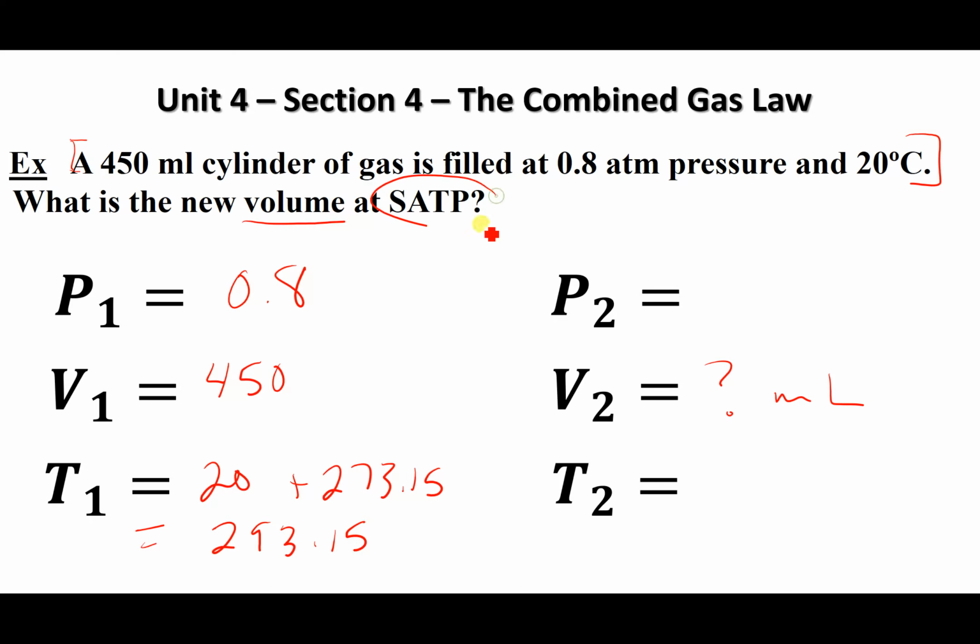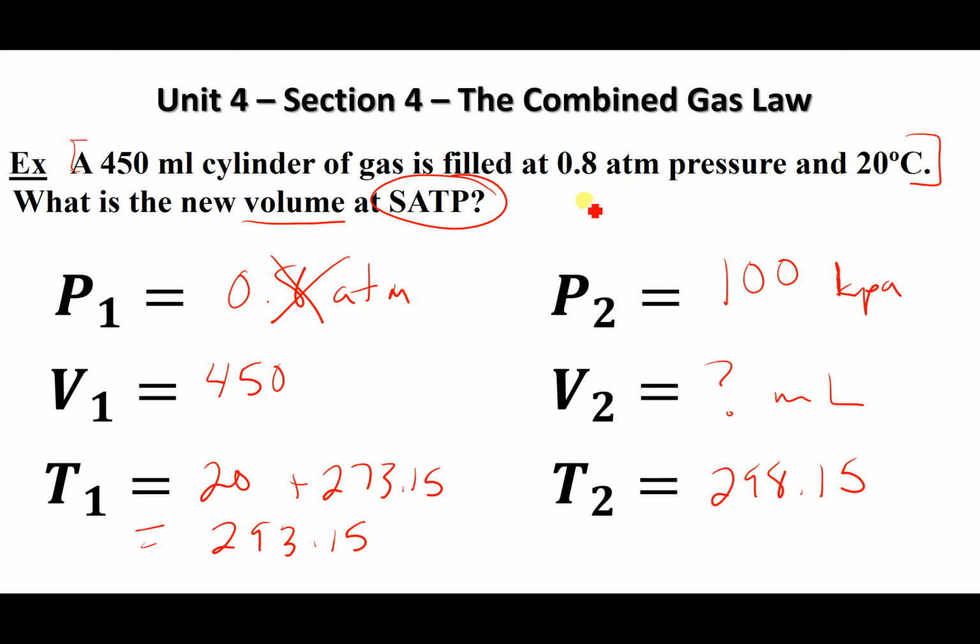Now let's not forget the conditions with SATP. We have a pressure of 100 kilopascals, and we have a temperature of 298.15. Now we do have a problem here though, is that this value is in atmospheres and this was in kilopascals, which isn't going to work for us. So we're going to need to convert here. So let's convert this value here.